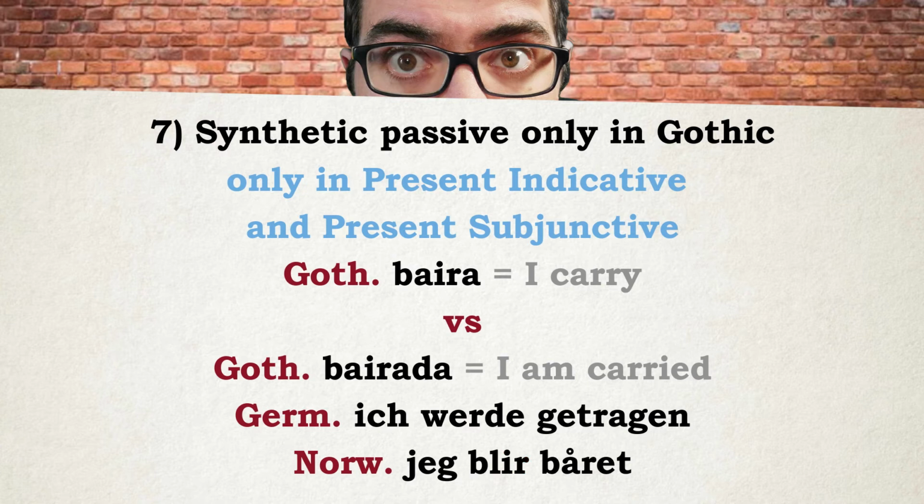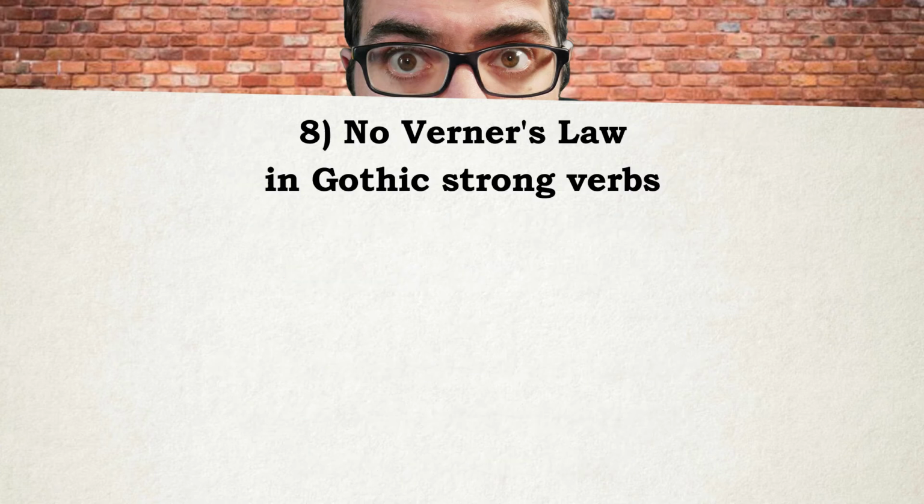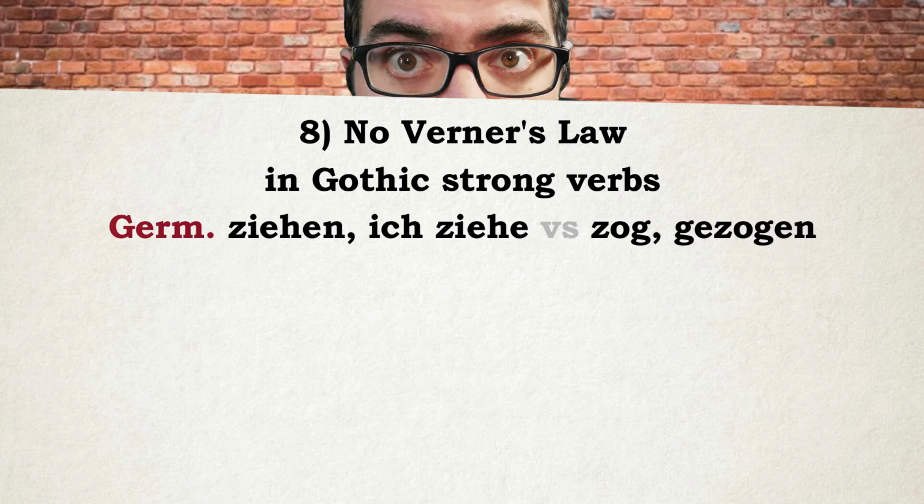Another important difference between, on one side, the northwestern group, and on the other side, the eastern one, is that Verner's law is present in the paradigms of many strong verbs of the former, but never in the latter. For example, we have still today a visible presence of the effects of this law on the alternation between the different forms of the German verb ziehen, to draw, that we have already seen in video number 9.